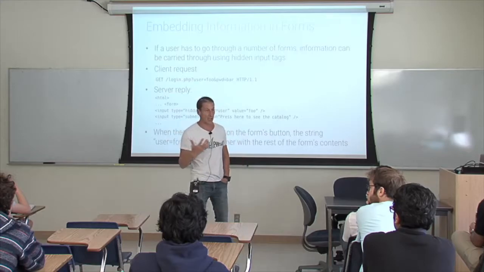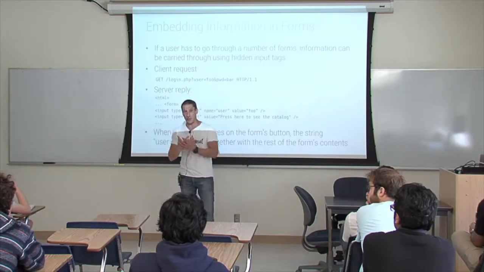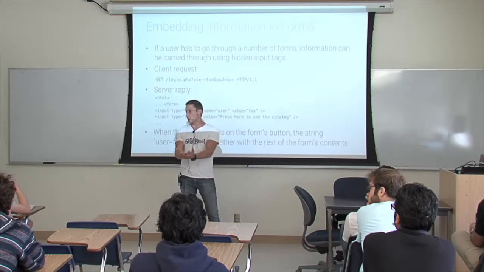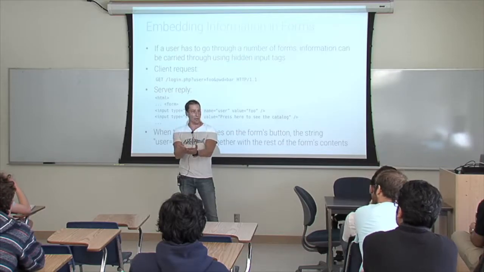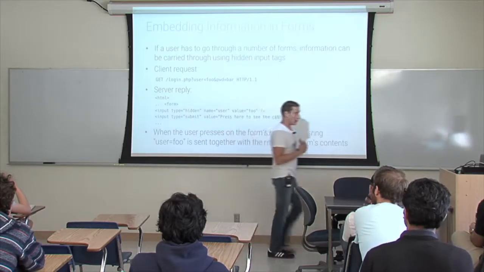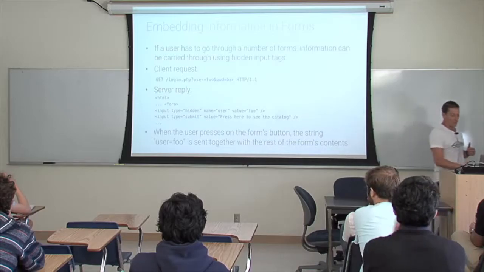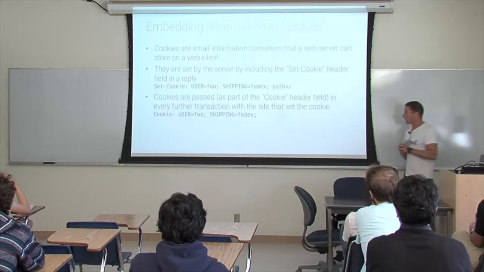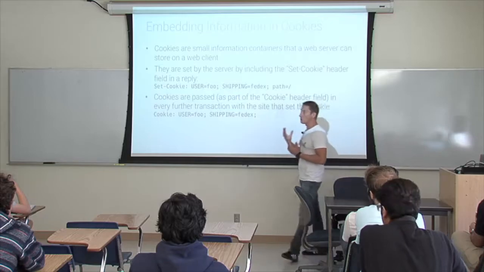Okay. Once again, it's a way for the server to customize what content is sent to you so that when you act on that content, you send back the additional information. But of course, the way in which it's done today is through cookies.